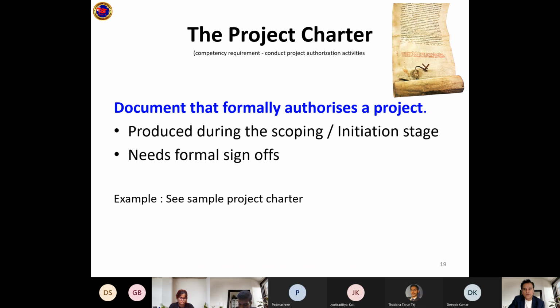The project is now in flight mode, which means it is in the sky. Till then it was sitting on the ground, in the initiation stage, and you do not know whether it will take off or not. So we use this vocabulary when the charter is signed off: these are in-flight projects. That means the project has already taken off the ground. It is no longer on the ground. It is an in-flight project.